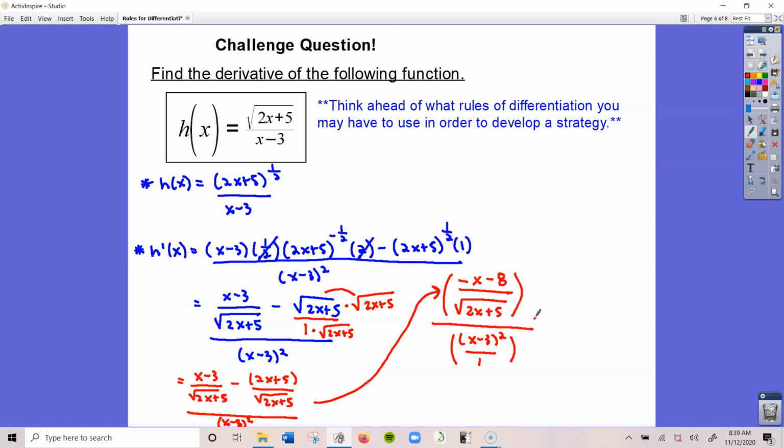So this is equal to (negative x minus 8) over the square root of 2x + 5 times 1 over (x - 3) squared. And now you can put this all together. So my final answer would be (negative x minus 8) over (x - 3) squared times the square root of 2x + 5.